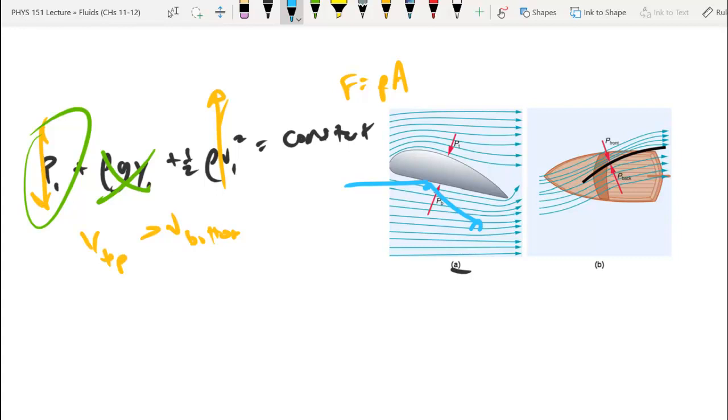If this is being deflected downwards, then momentum must be conserved, so there has to be something going upwards. Or you can look at it in terms of Newton's third law, action and reaction: the wing is pushing the particle down, and so the particle must push the wing upwards. So there's that going on as well because of the deflection.